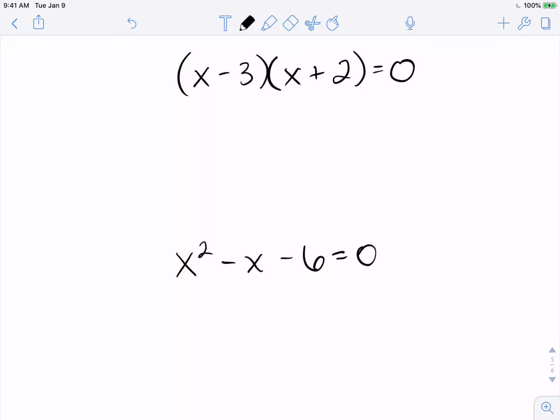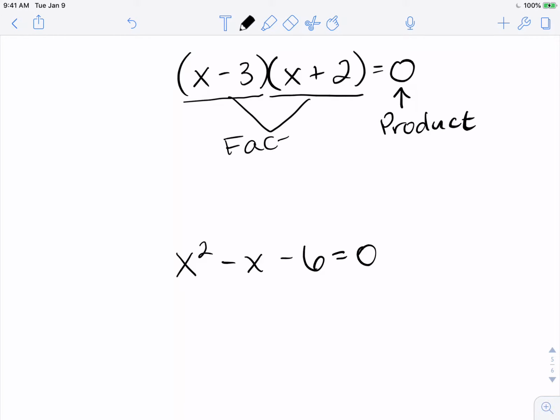So we've talked about the zero product property, which, if you remember, tells us that if a product is zero, then one of its factors must equal zero.